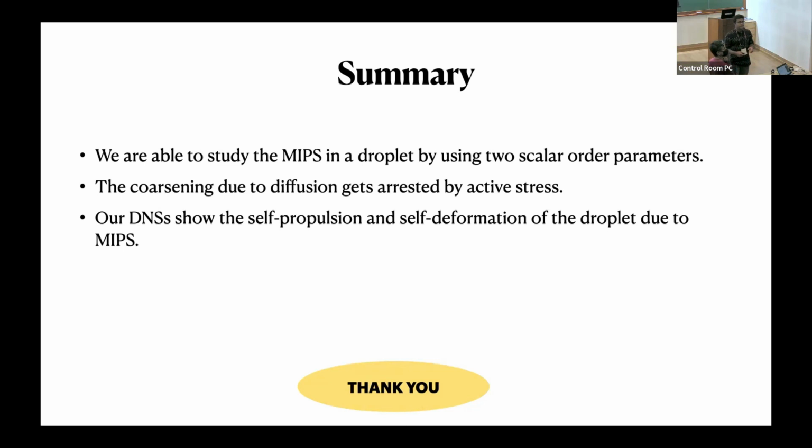I see. Okay. Other thing, you were asking about the mechanism for the motility. Have you looked at the flow fields inside the drop? We looked at the pressure distribution. Why didn't you look at the flow field inside the drop?